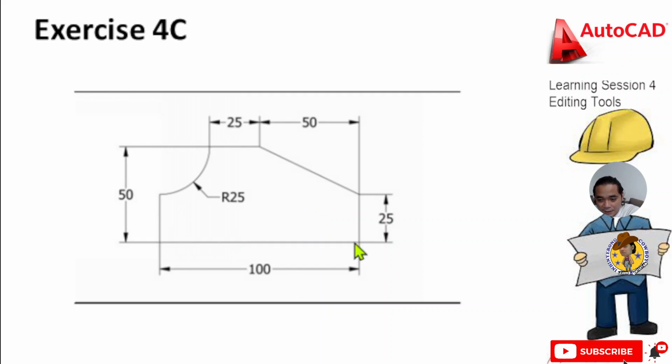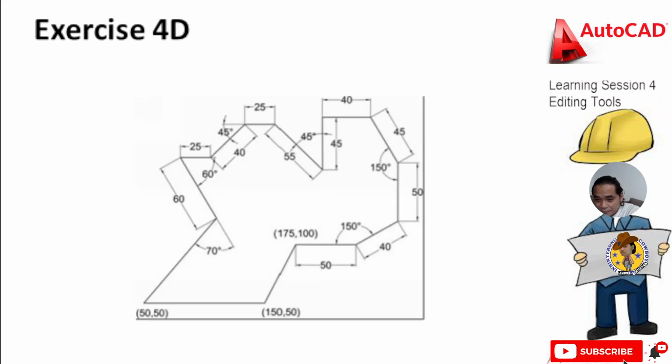Okay, so we have line. This is chamfer line. Then we have a quarter circle. So you can see the radius and the dimensions. For 4D, so this is the object.